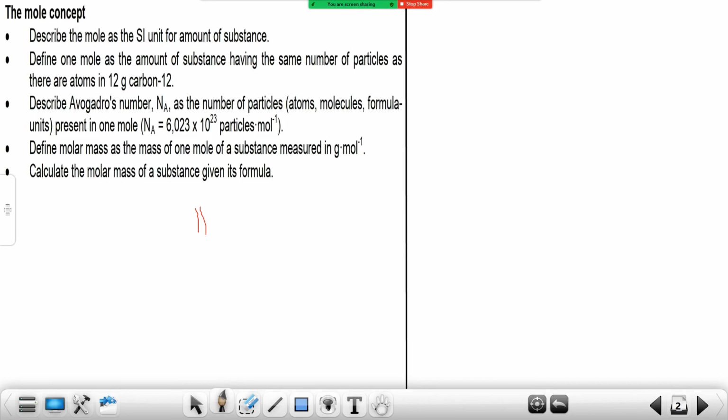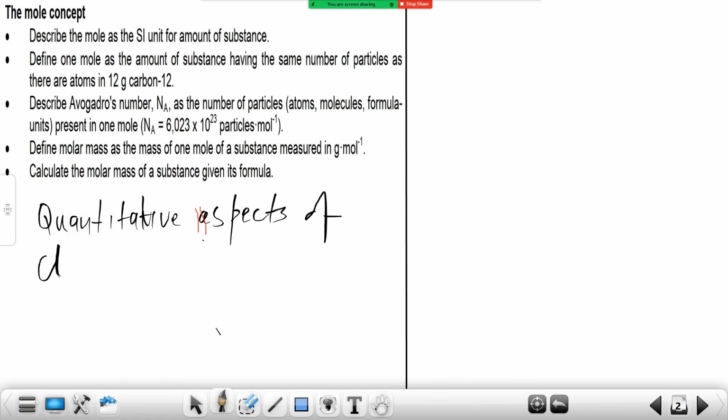We need to do what is called quantitative aspects of chemical change.